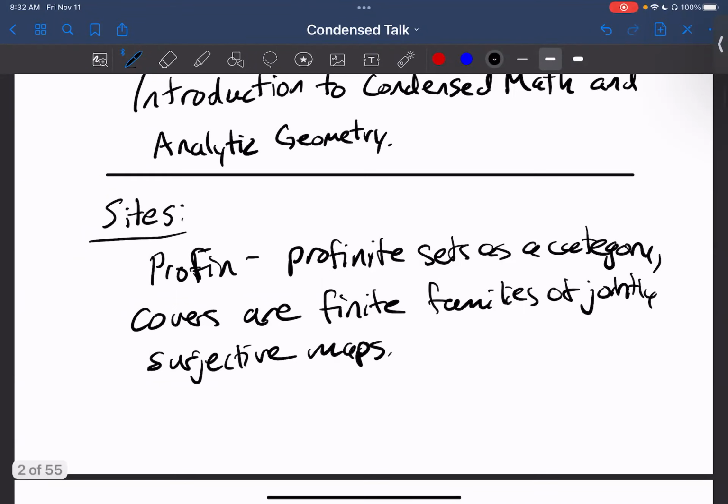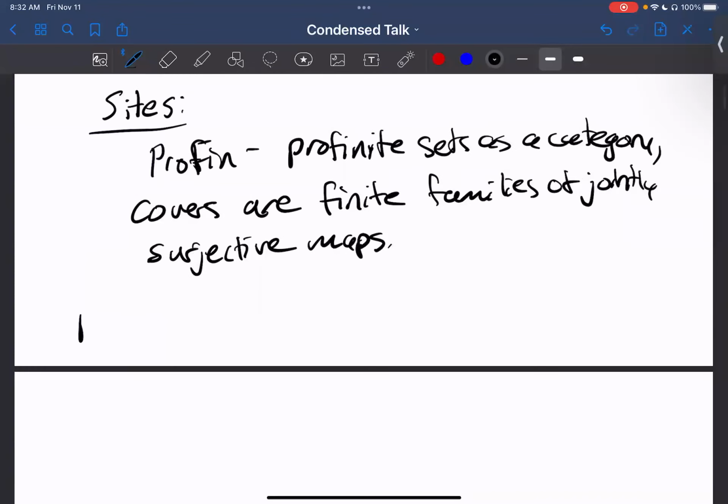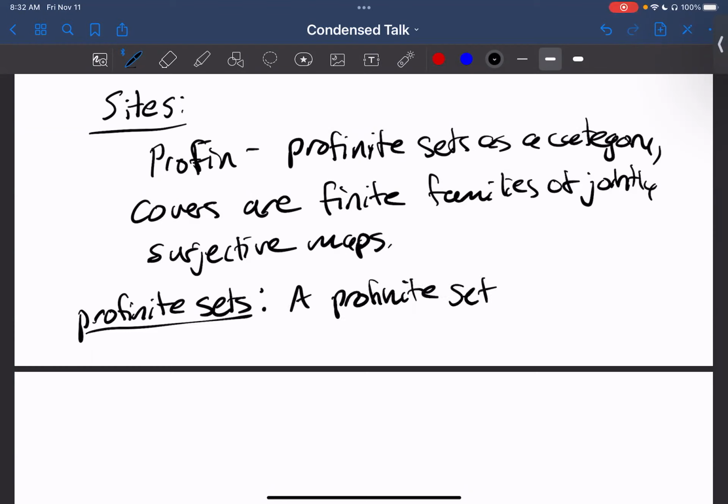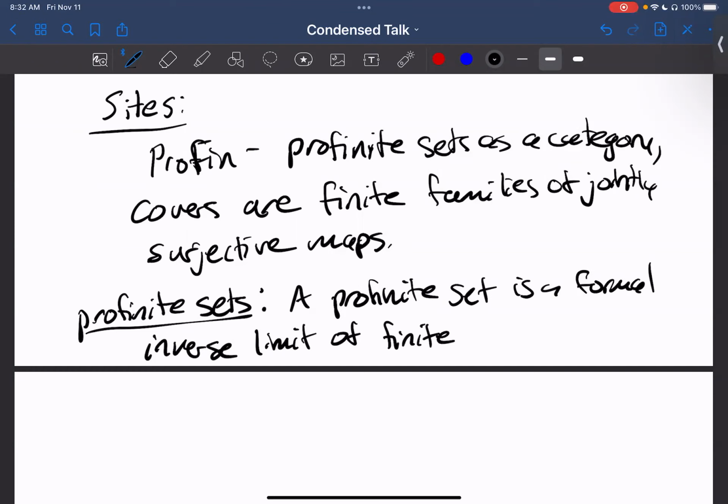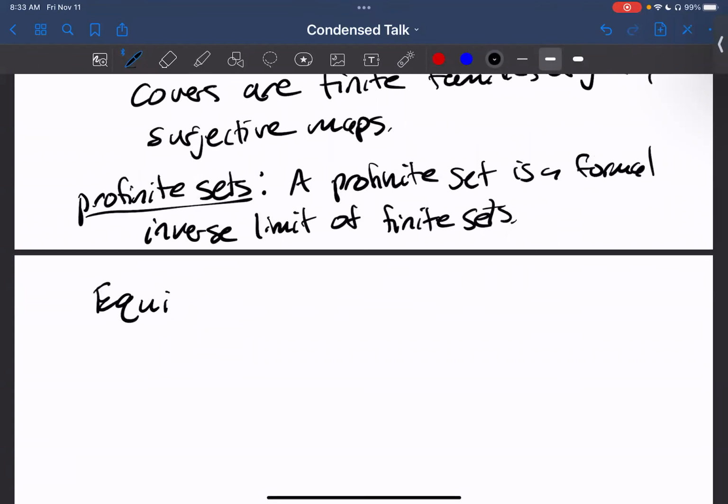If you don't remember what a profinite set is, let's talk about that for a few minutes. A profinite set is a formal inverse limit of finite sets, so a pro object in the category of finite sets. Equivalently, we can describe these as objects in the category of topological spaces.